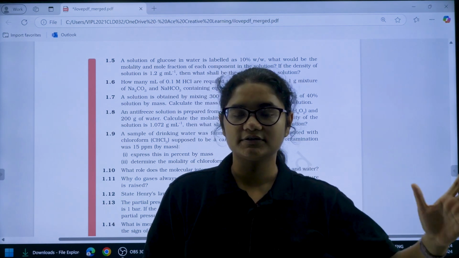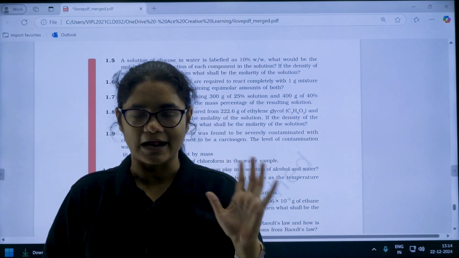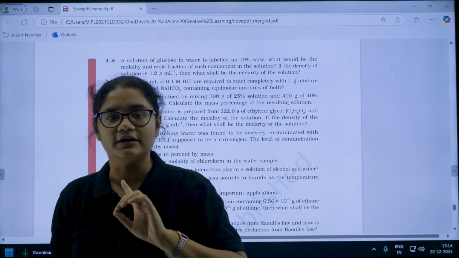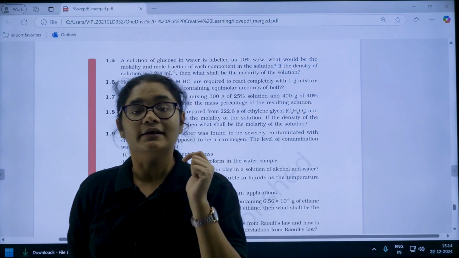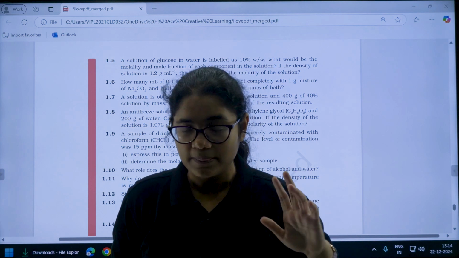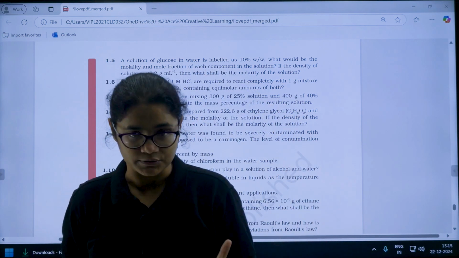Whatever chapters and points I told you, you need to read only those, other things are not required. Those points and all the graphs and derivations that I told you, you need to prepare only those. Next, you have to solve all the in-text questions and the examples. Now, I want you to solve these exercise questions also.